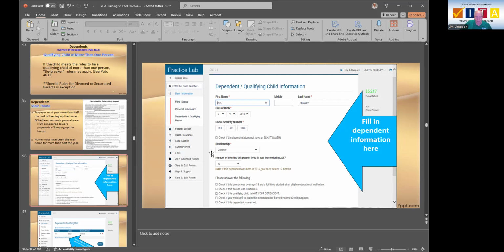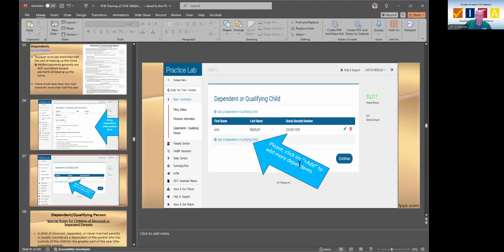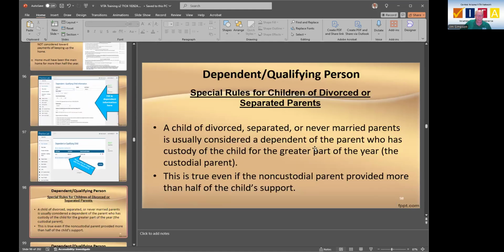Maybe this child lived with you and you signed that Form 8332 and gave them away to your other spouse. So you're going to check this box right here that says, check if this qualifying child is not your dependent. Once you've entered one dependent and you click continue, you'll be back at this screen, and then you can click add a dependent or qualifying child.